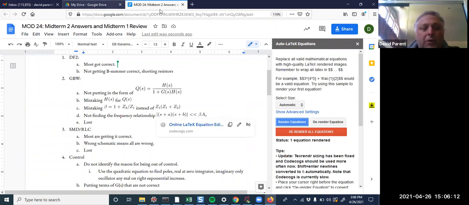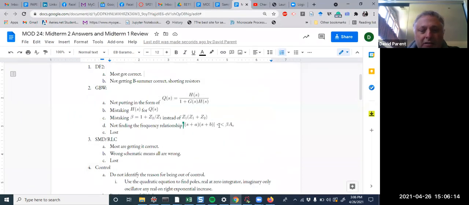So when you're supposed to find that equation, find the relationship that makes that a non-inverting op amp, well, you have the numerator part, right?